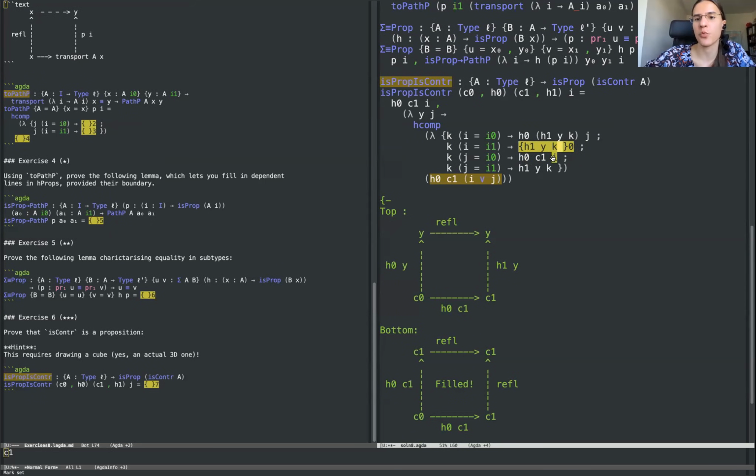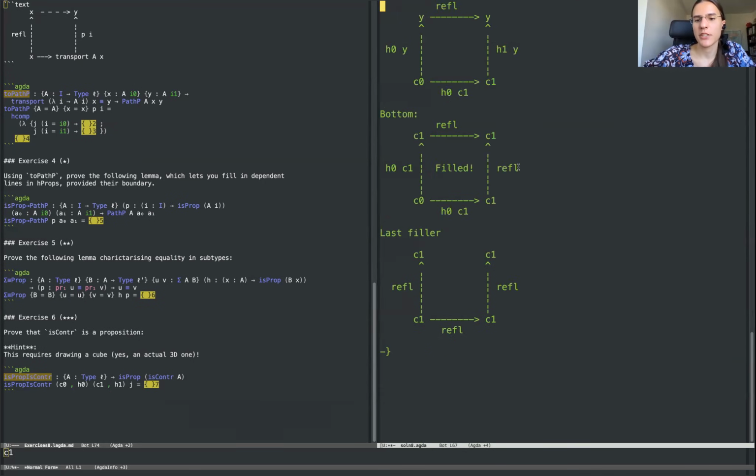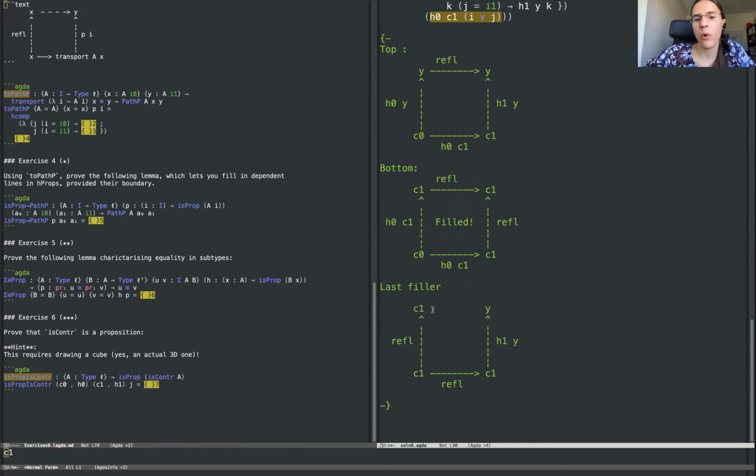So it's going to be h1 of, or rather, sorry, h1 of y is going to be this path. And that connects C1 to y. And the path that I want at the top is going to be h1 of y, right?